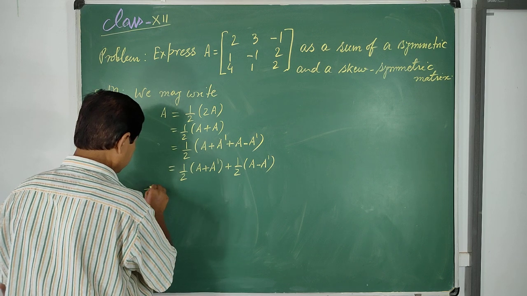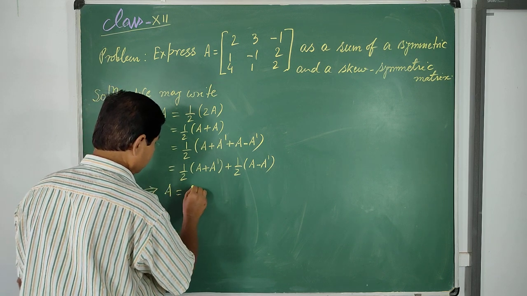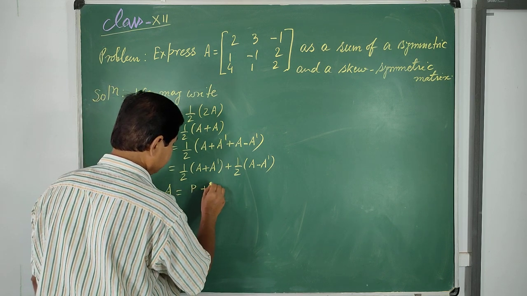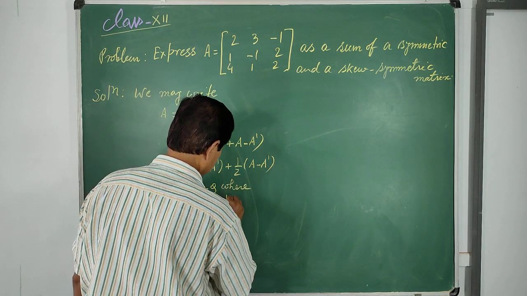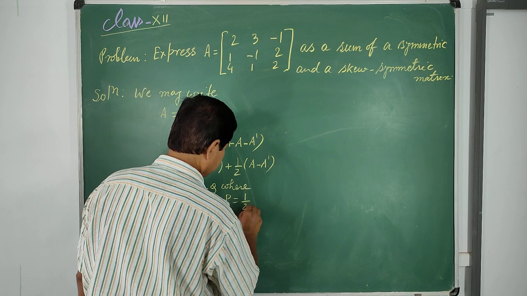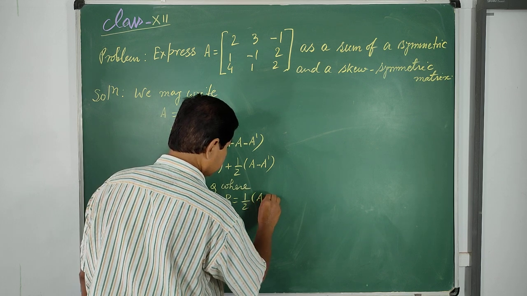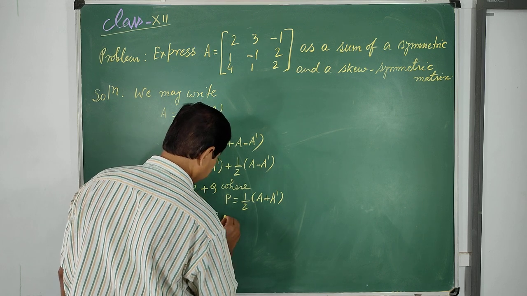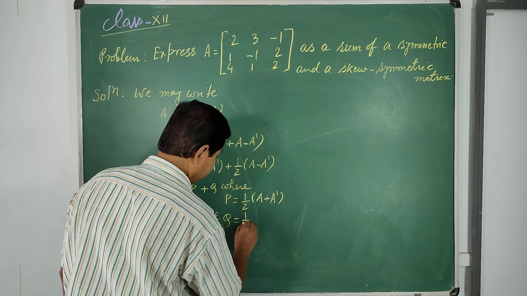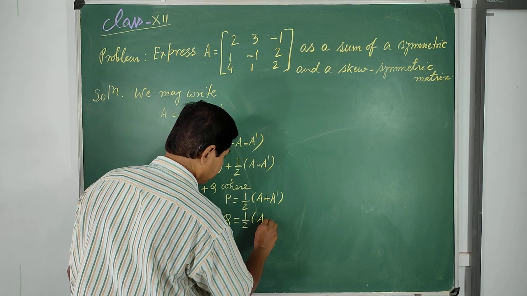This implies A equal to, let us take as P plus Q, where P is equal to half A plus A dash and Q is equal to half A minus A dash.